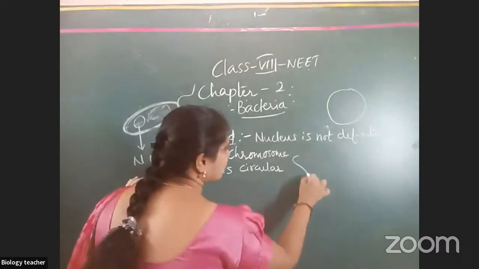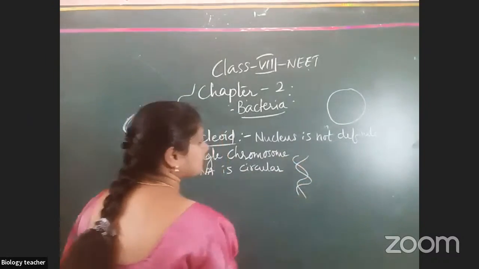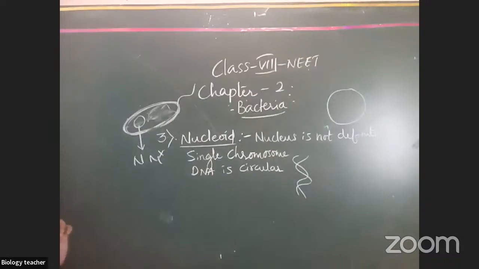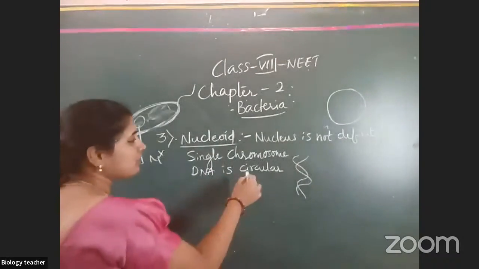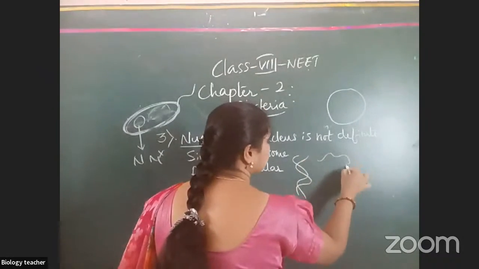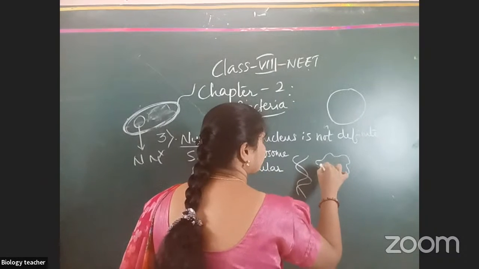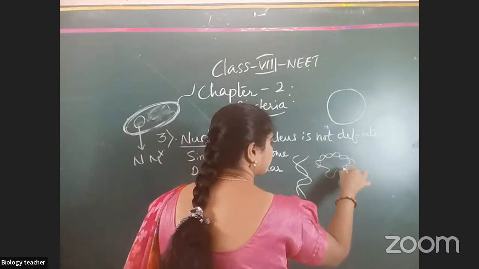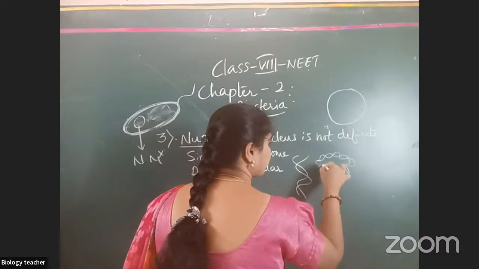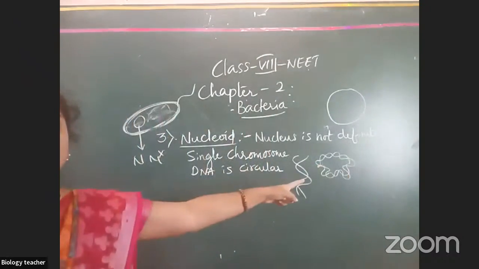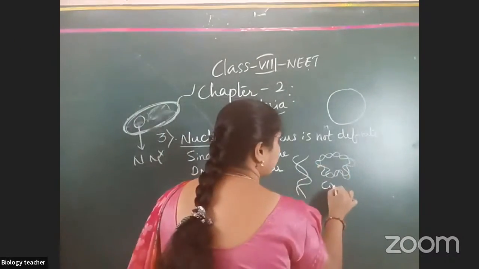Double stranded means like this. Circular means like this. This is the circular DNA.